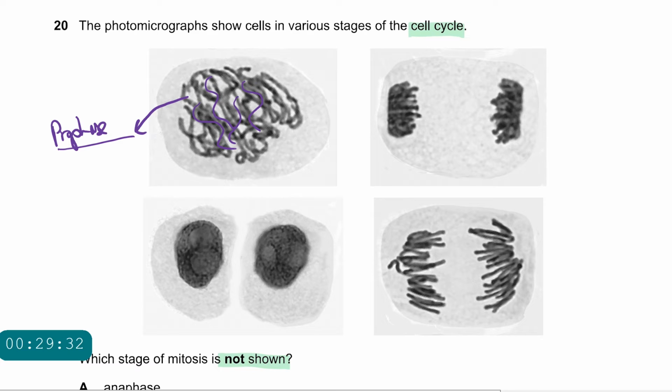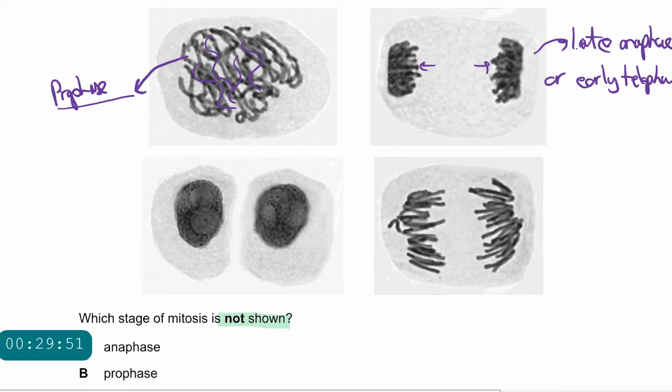The cell beside it has chromatids clearly shown at opposite ends of the cell, so this might be either late anaphase or early telophase. Here we could clearly see telophase taking place.